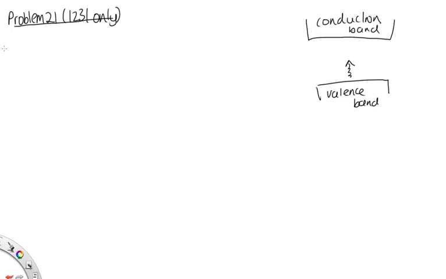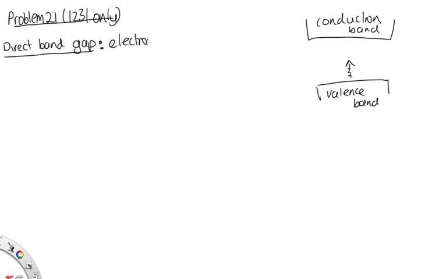Now, in a direct band gap, the electrons can jump directly from the valency band to the conduction band, as electrons in the conduction band and the valency band have the same amount of momentum. So let's write that.